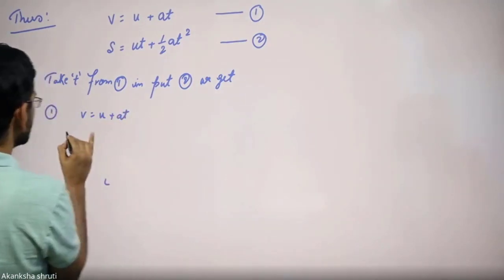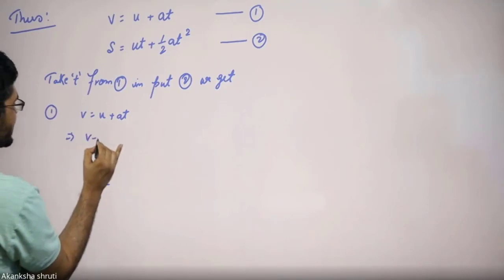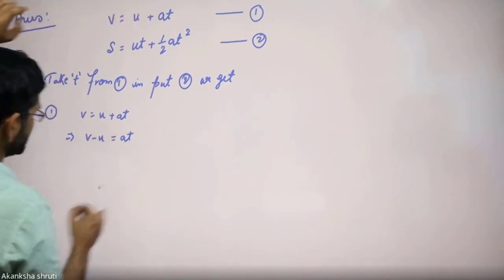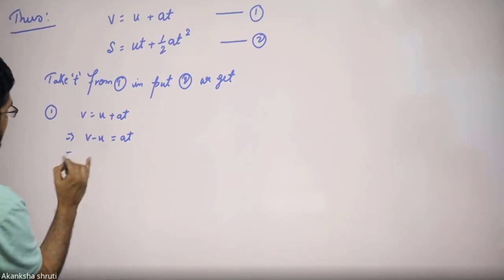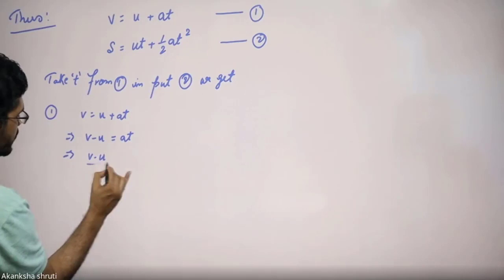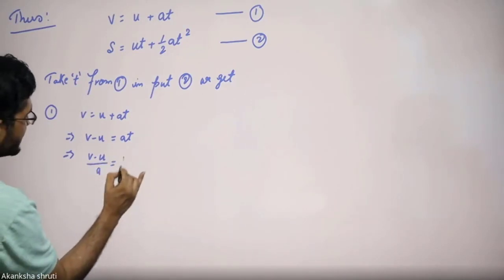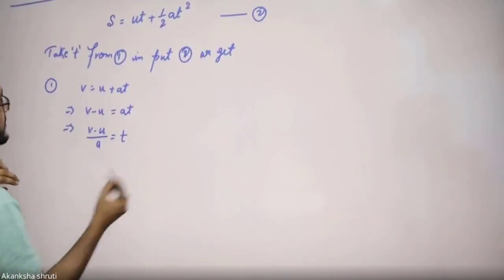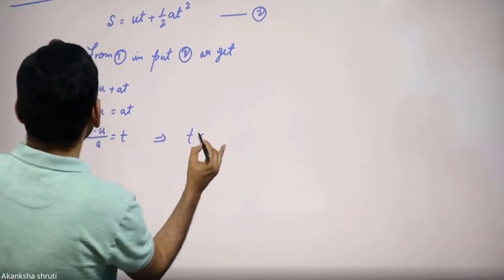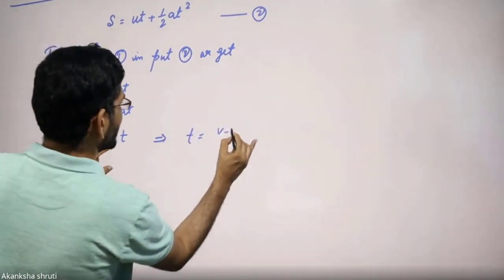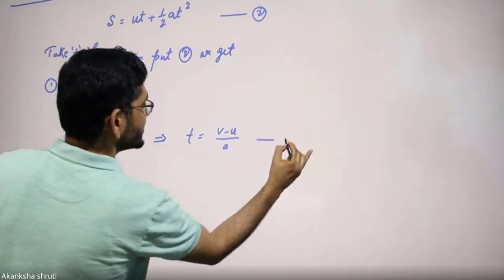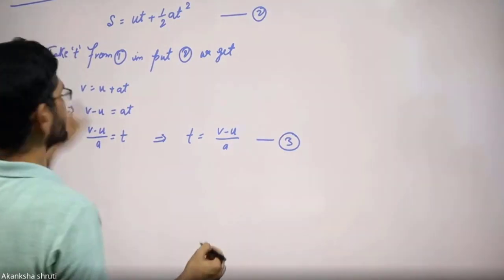Students, this simply means V minus U is equal to AT. Just we brought it to the left hand side. Bring this A in the denominator, V minus U by A. Only T will be left here. So the T that we have obtained from this first equation is V minus U by A. It is equation 3 that we have derived from equation 1.